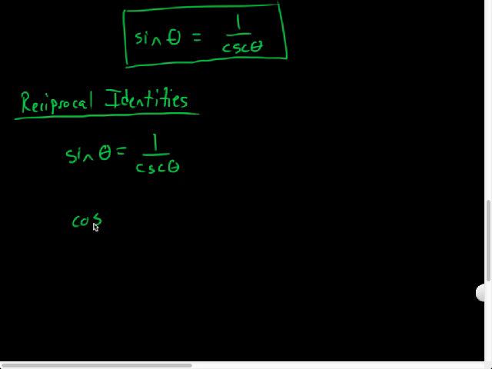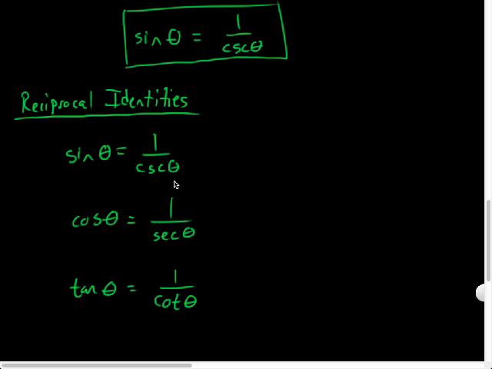It turns out that cosine of theta, what do you think that would be the reciprocal of? 1 over secant of theta, yep. Because secant theta, we even called it earlier, the right reciprocal of a trig function. Tangent of theta is equal to 1 over cotangent of theta.